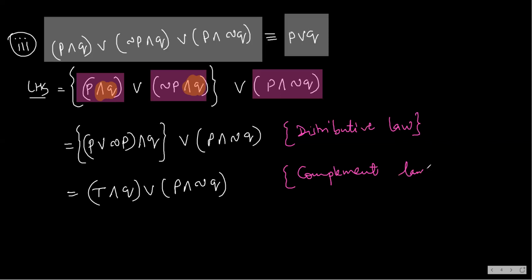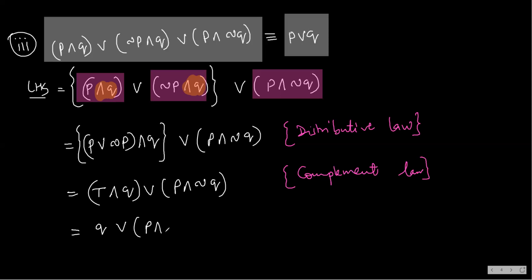Now I have the next one as, P and Q. True and Q is always Q, because if Q is false, then you will write true and false, false. And if Q is true, then you will write true. So ultimately, the truth value of this will always be the truth value of Q.